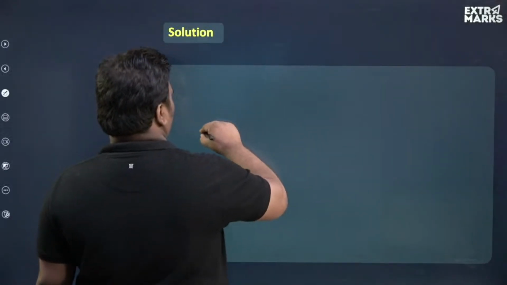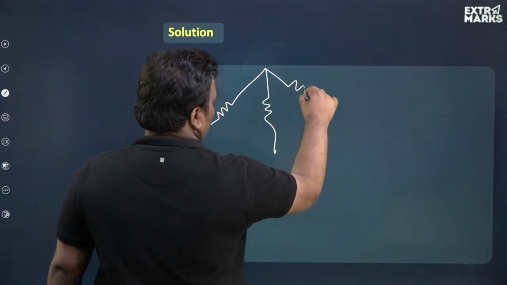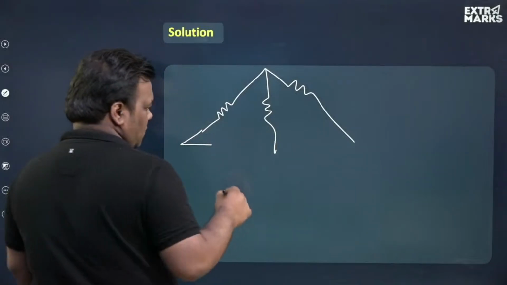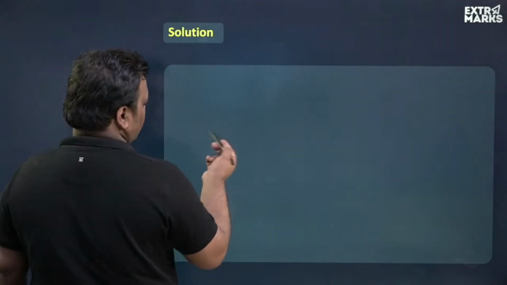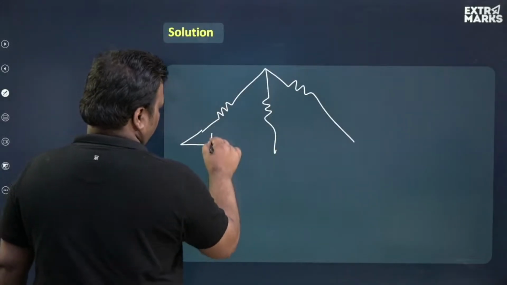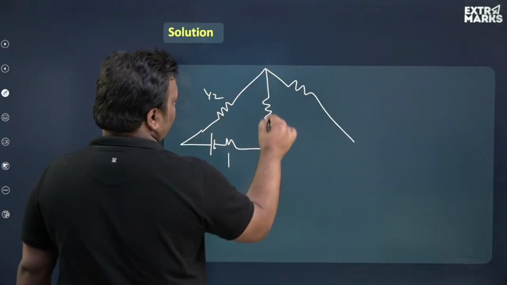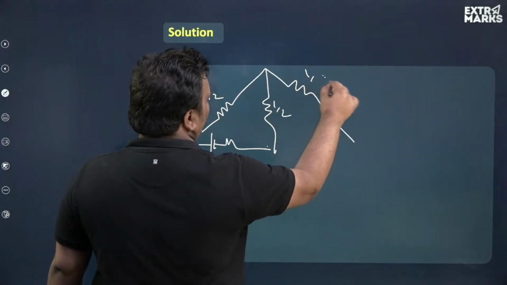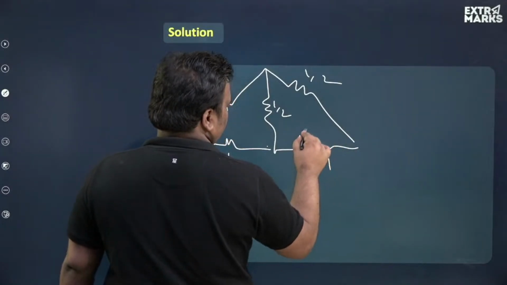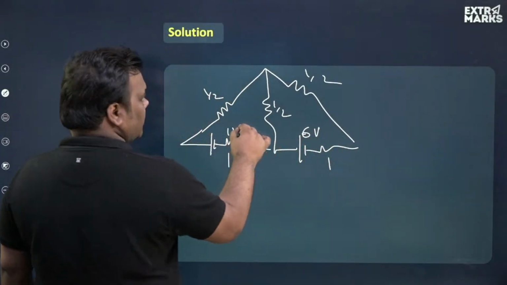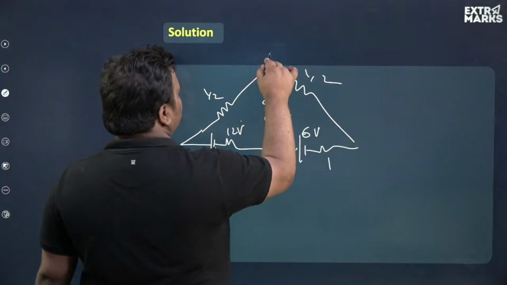So we have this battery like this. 1 by 2, 1, 1 by 2, 1 by 2, 1, 6 volt, 12 volt. I already assumed it as 0.